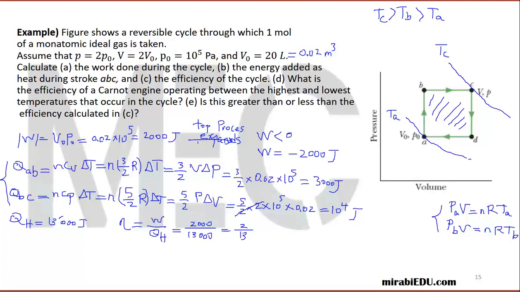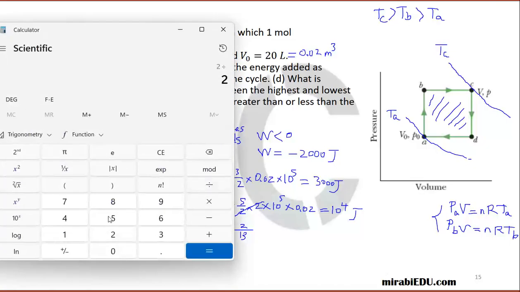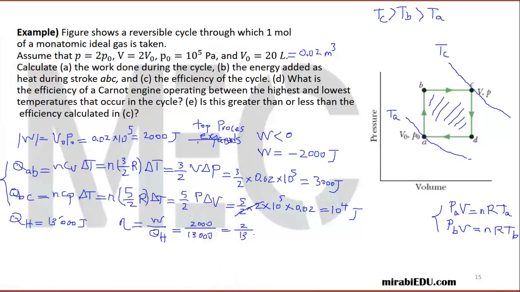It is 2/13. So let me do the calculation. We'll multiply it by 100. 2/13 will be 0.15, multiplied by 100 will be roughly 15.4%.